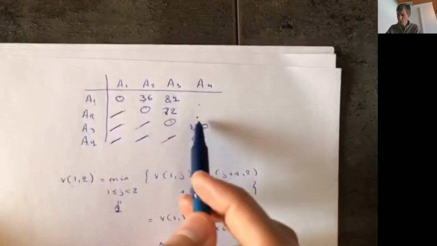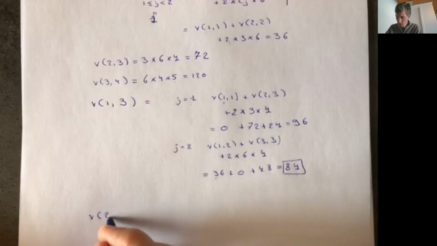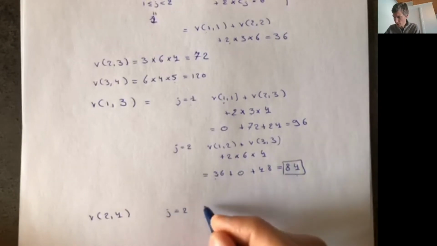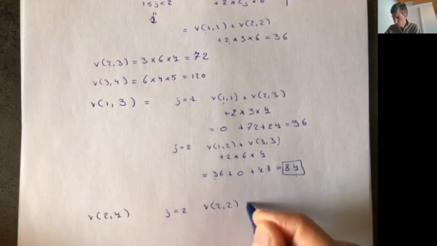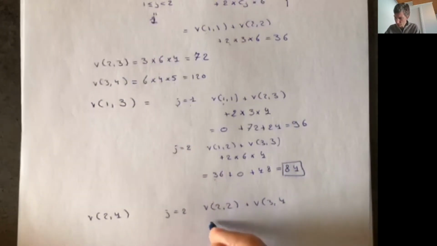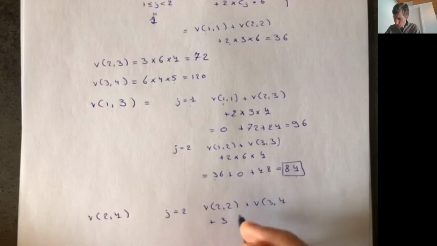Let's compute here A2,4, V2,4. Well, either we can put J equal to 2, and then you have V2,2 plus V3,4, and then the number of rows of matrix 2 is 3, number of columns of matrix 2 is 6, and the number of columns of matrix 4 is 5.